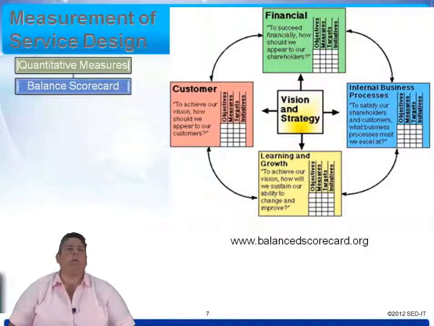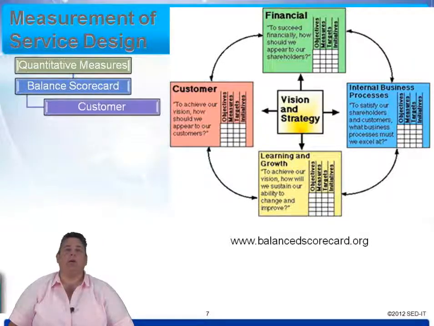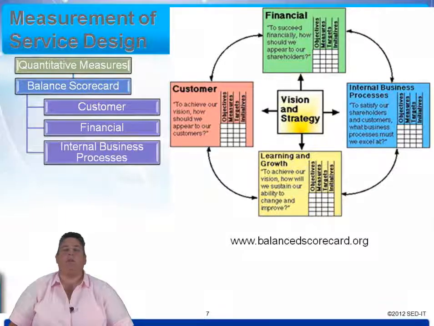Once we've deployed, we have to have a way of measuring our service design activities. What's shown here and on the next slide are two quantitative measures. The balanced scorecard has 4 areas that it will present information that will allow senior managers an overview picture of organizational performance.